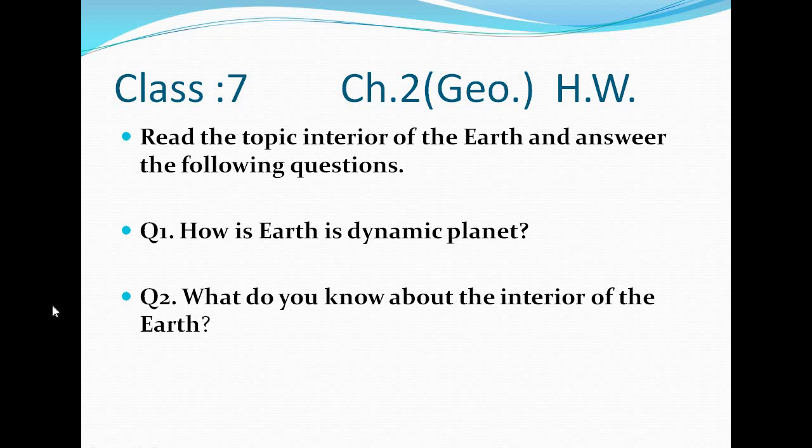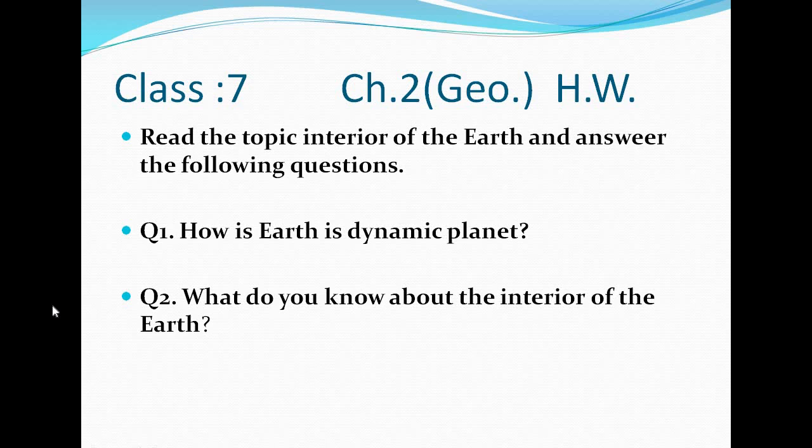Yes students, why is it called a dynamic planet? By mistake, beta, there is one mistake in the question; the word "is" will not come there. So, how is earth a dynamic planet? The earth is a dynamic planet due to constantly changing processes inside and outside the earth. We have discussed it.